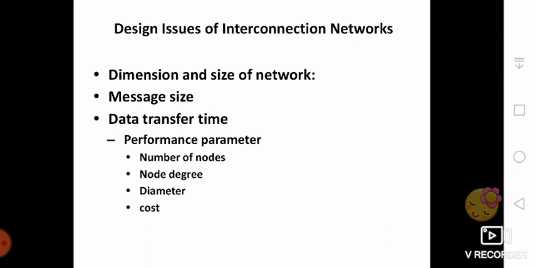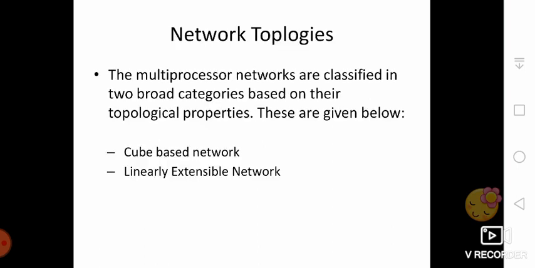Next, network topologies. The multiprocessor networks are classified into two broad categories. The first one is queue based network and the second is linear extensible network. Queue-based network architectures are widely used networks in parallel systems.